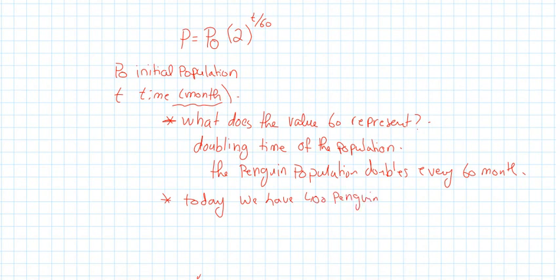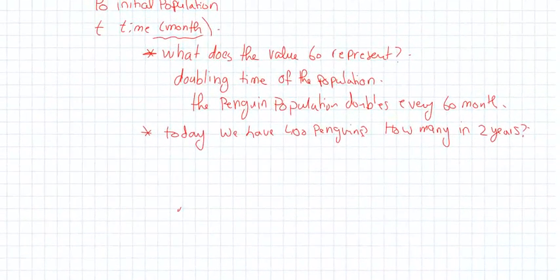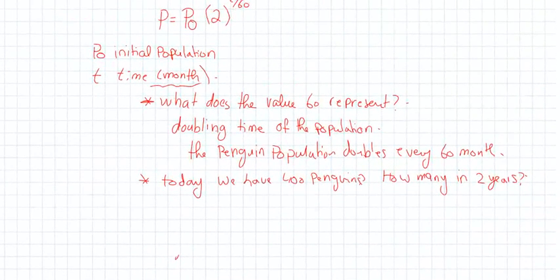How many in 2 years? I'm just basically summarizing the question. I know if you read it, it doesn't make sense, but I just read it to you guys. So what do I do? What do I know?